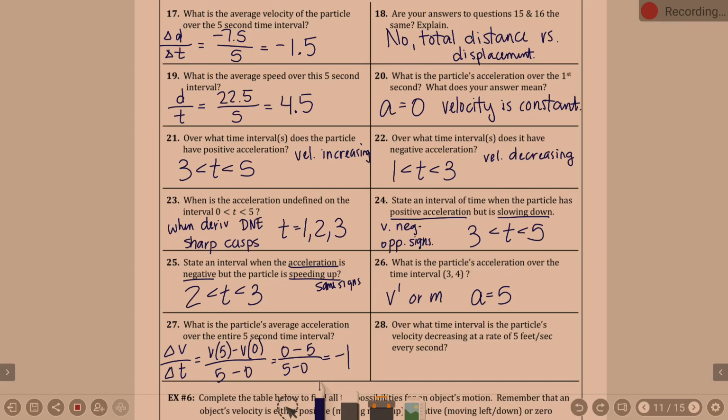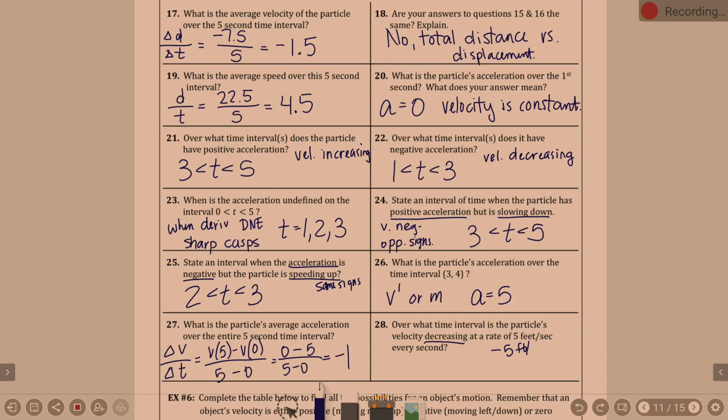And over what time interval is the particle's velocity decreasing at a rate of 5 feet per second every second? You catch some things they're asking. Decreasing, which means we're looking at negative, yes? 5, and it's feet.